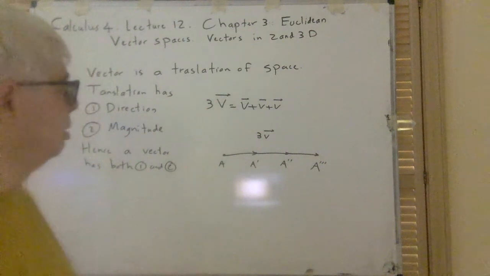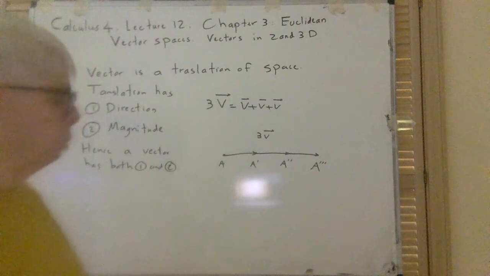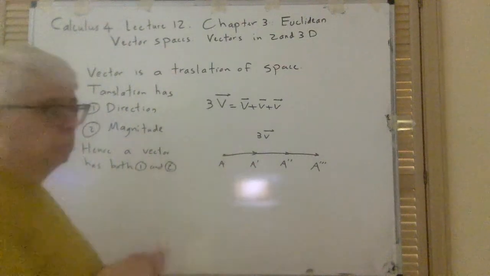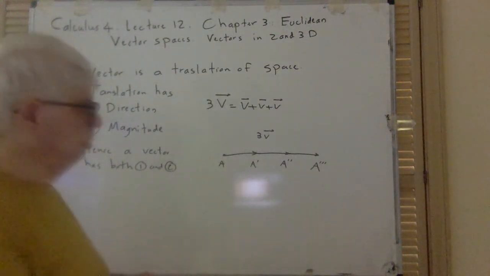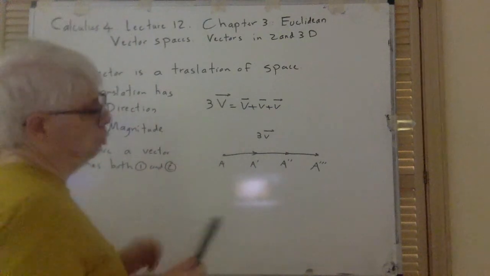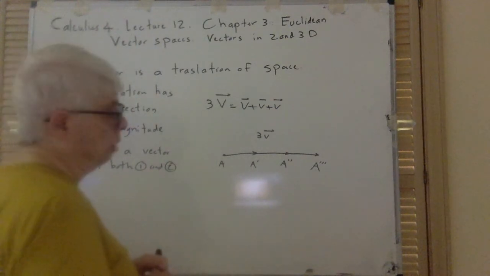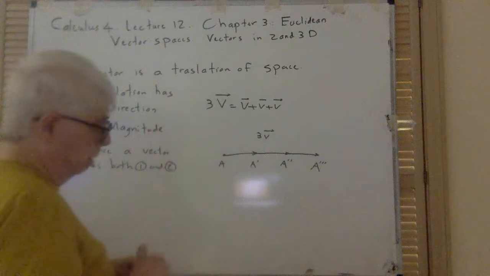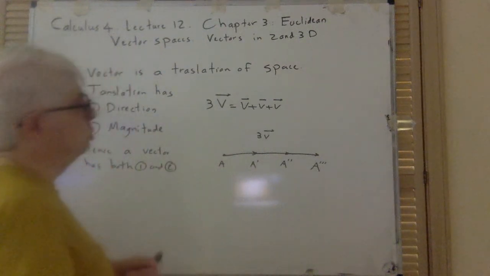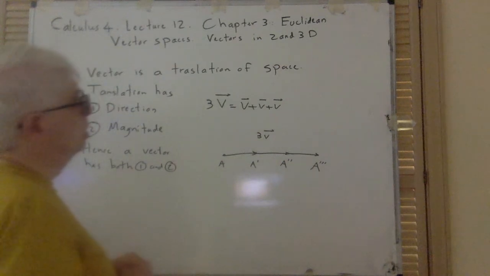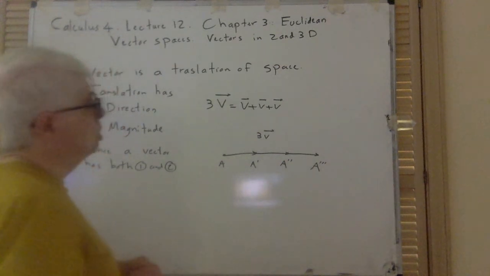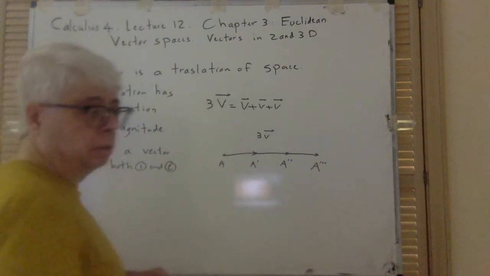So a scalar, which we call this thing scalar, because it doesn't have direction. Scalars for us are real numbers. They do not have to be real numbers in, say, abstract vector spaces, but for us they are real numbers, and the real number doesn't have any direction.